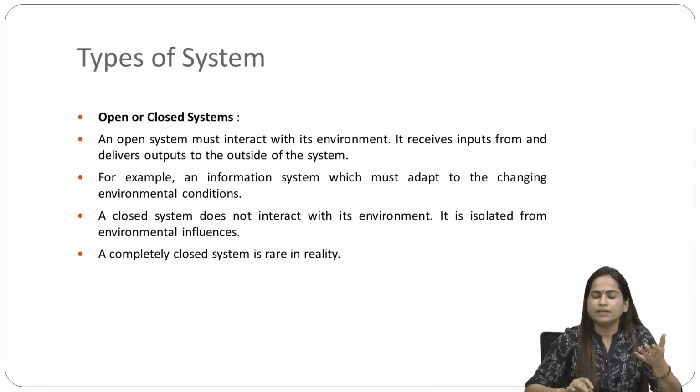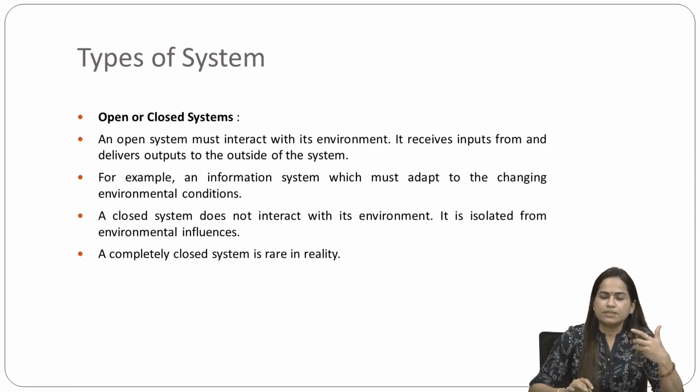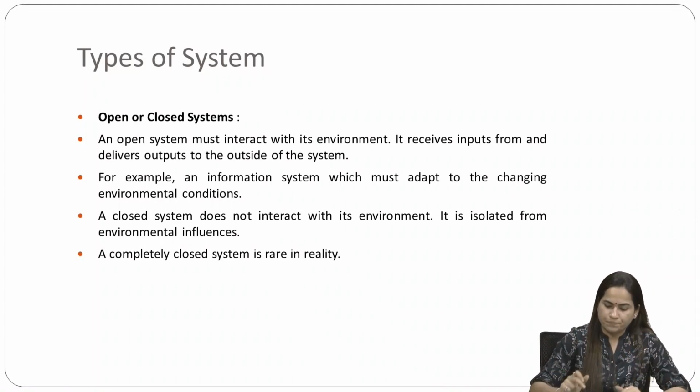In reality, we just have systems which are interacting with the environment. So we are not able to find such a system. It may be there and it will be there, but the number of such closed systems will be less.